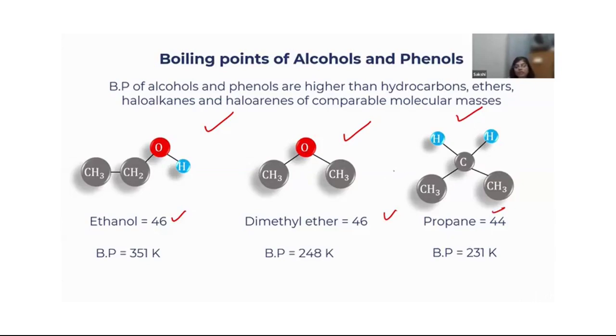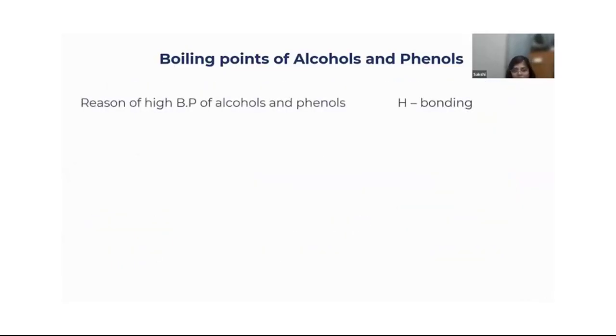It is because of another term called hydrogen bonding. These OH groups, they make hydrogen bonds with water. Water molecule is polar, right? So they make hydrogen bonding with water molecules, and hydrogen bonds are very, very strong, because of which the boiling points of ethanol are very high. So the reason is intermolecular hydrogen bonding. Can you see? This is hydrogen bonding.